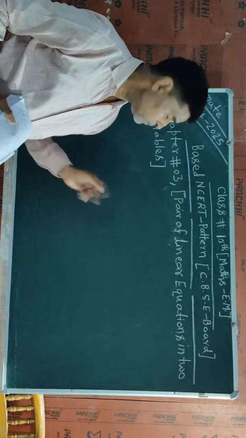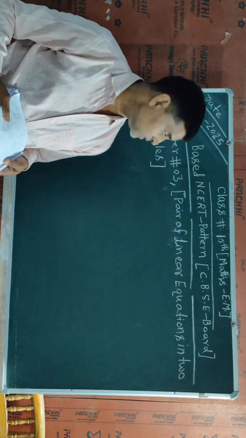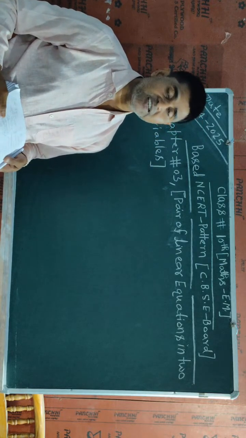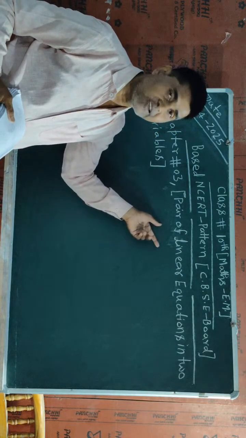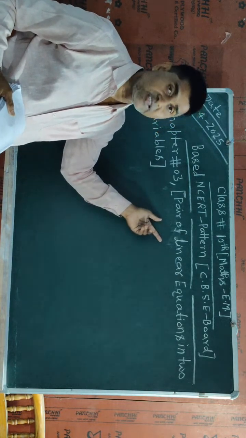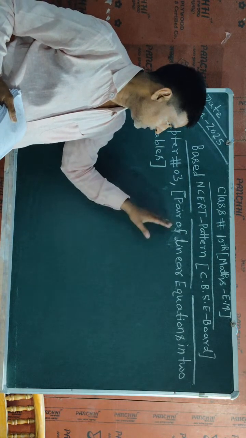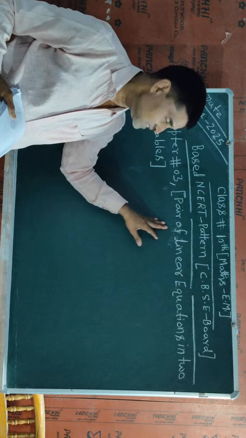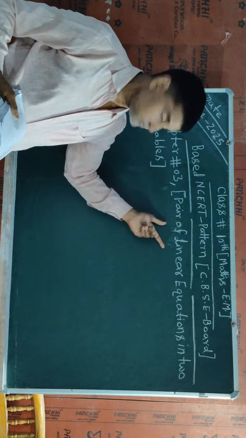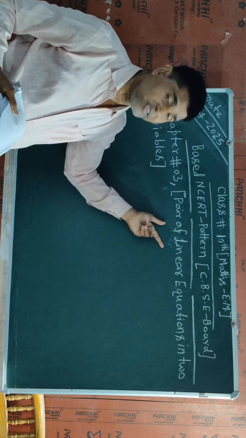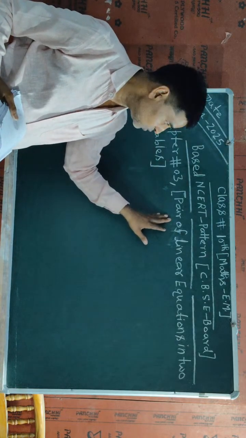I have already explained the theory of pair of linear equations in the previous class, and in the second class I explained the concept in detail. Students, there are only three conditions available, and we will follow these three conditions to state the required concept of pair of linear equations in two variables.